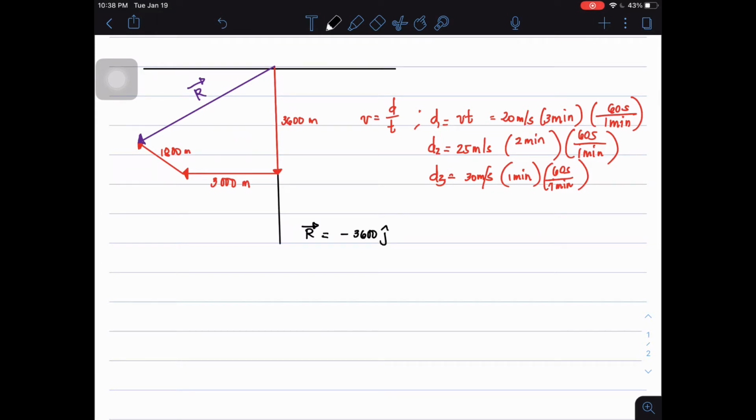So that's negative 3600 j hat, that's negative because it's going south. And then for the second displacement, we have negative 3000 meters i hat, that's going west.